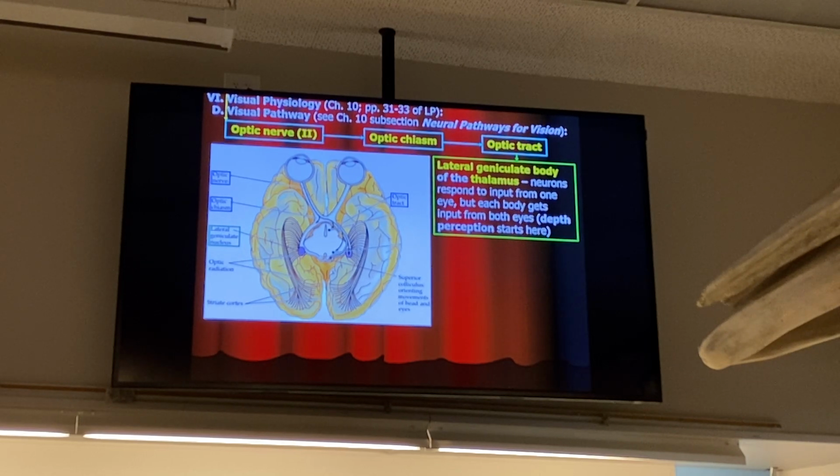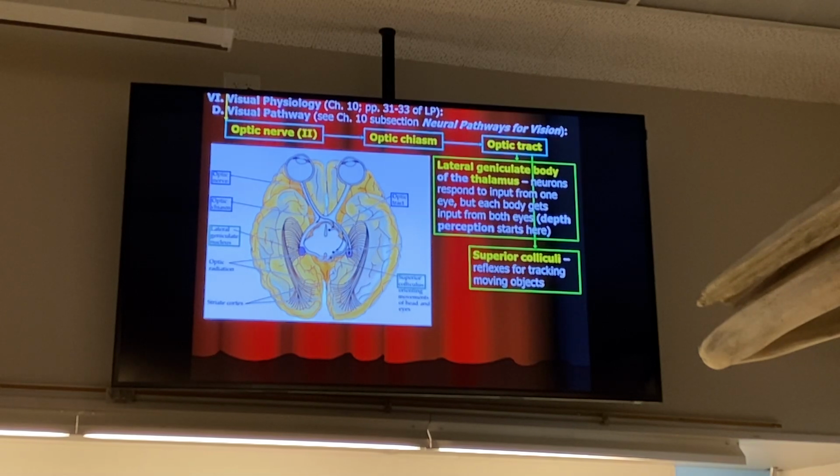Now your brain can figure out what's front and what's back. If your head is not moving, and you only have one eye open, you cannot tell what's front or what's back. Your brain is generating an illusion of what's front and what's back, but it is entirely an illusion. If you have both eyes open, you can tell without moving your head what's front or back. That's the depth perception.